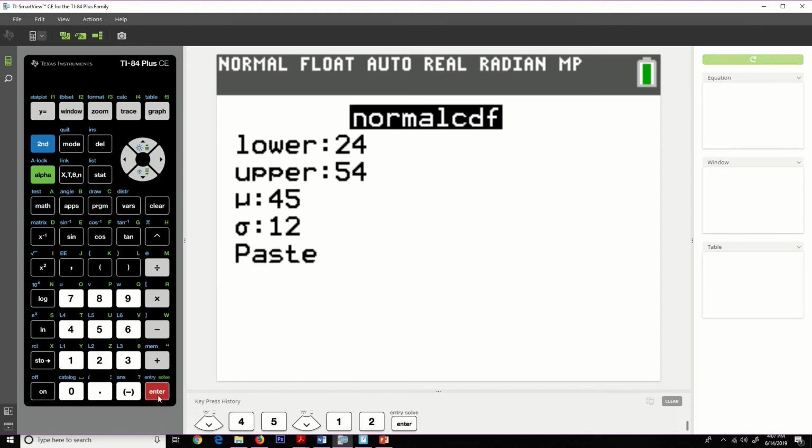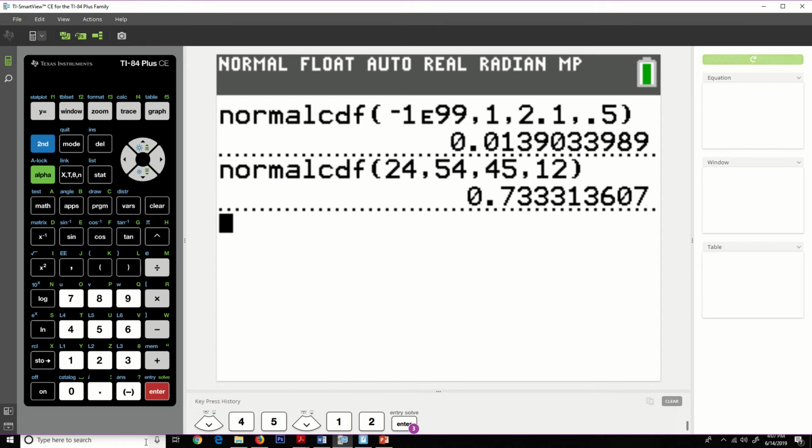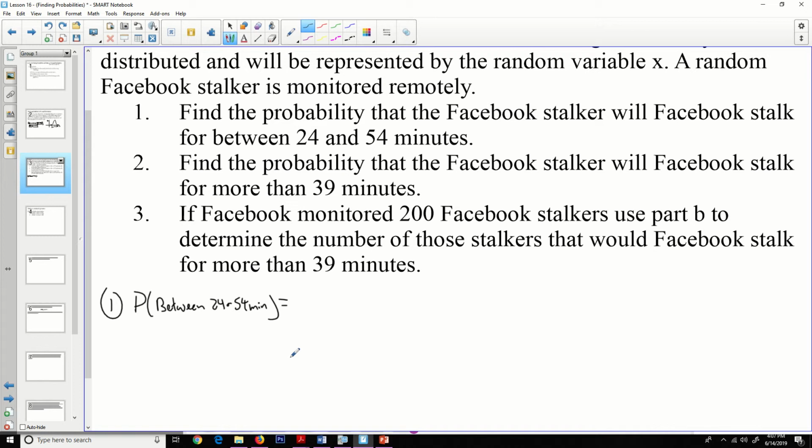If I hit enter here, we see that there's a 0.7333 chance, or 73.33% chance, that they will be Facebook stalking somewhere between those two values.